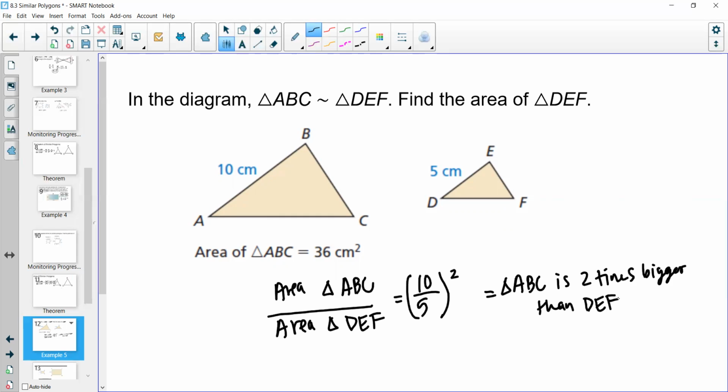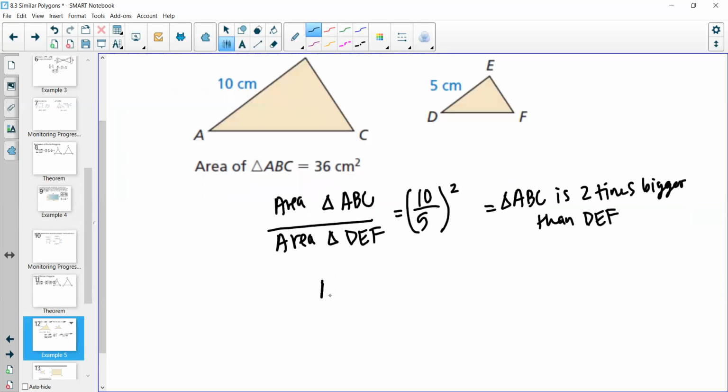So because this simplifies to a 2, it's actually a 4. So what that means is the proportion of the area of ABC over the area of DEF needs to equal 4.